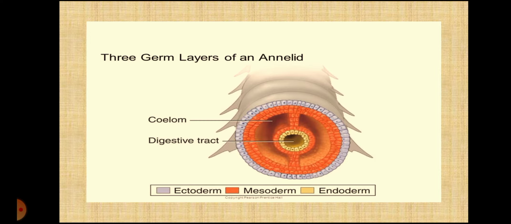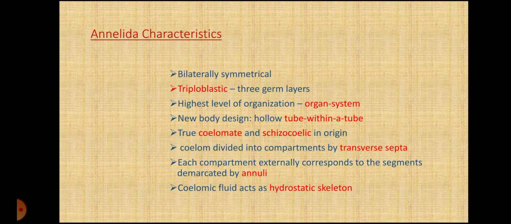These are triploblastic animals formed of three germ layers: ectoderm, mesoderm and endoderm. Symmetry: these are generally bilaterally symmetrical. Body segmentation is metameric type.